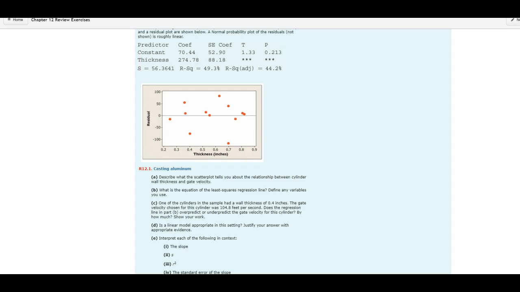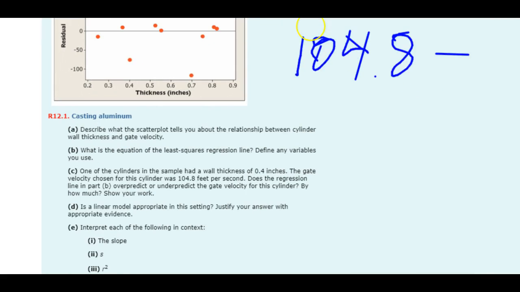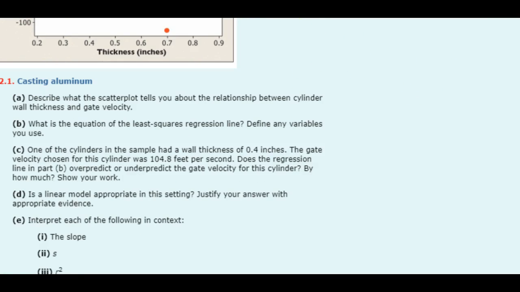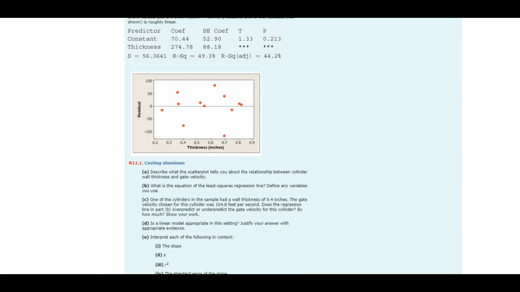So you're going to take 104.8 minus the predicted value, whatever you get when you plug this 0.4 inches into that equation up there, right? Okay. Interpret each in context.